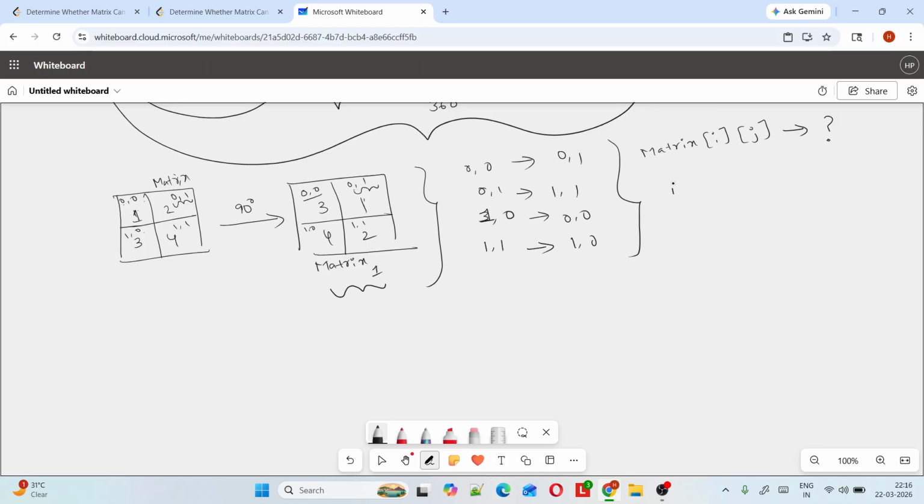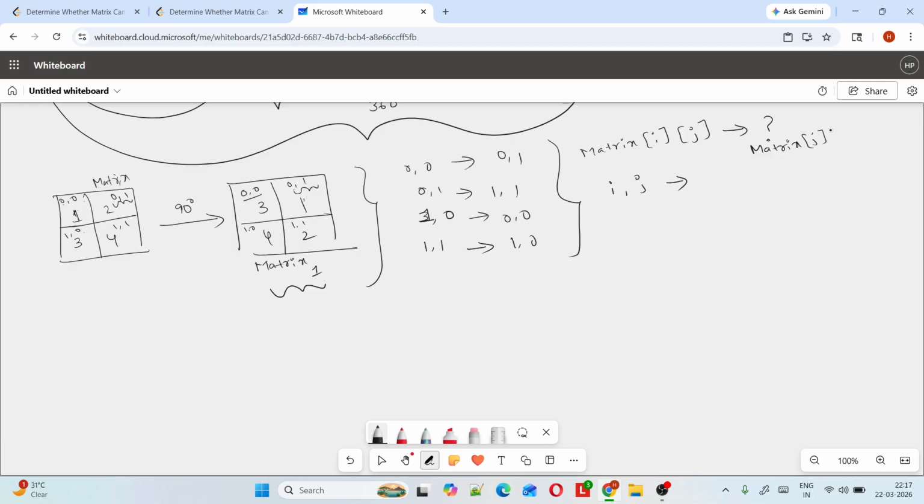Can I write that the element at i comma j moves to the element at matrix of j, n minus 1 minus i? So i, j moves to j, n minus 1 minus i.